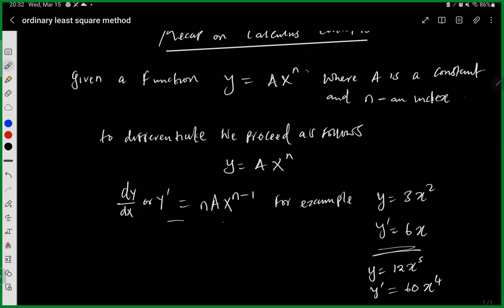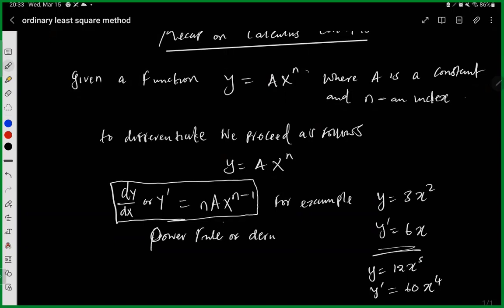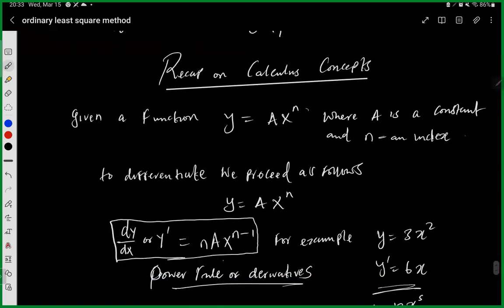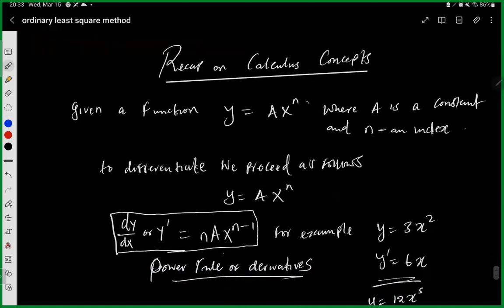This is what this concept is saying. This concept is called the power rule of derivatives. Okay, we're following that? Yes.